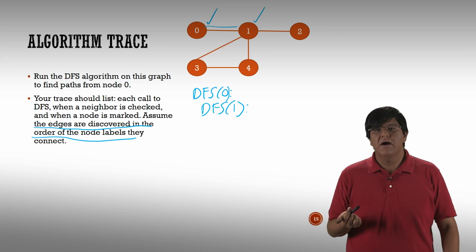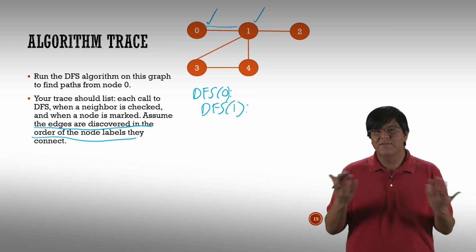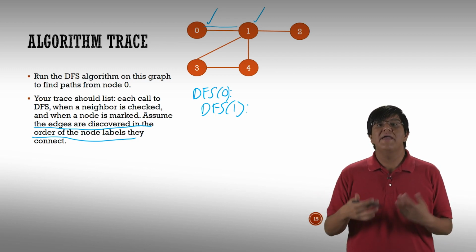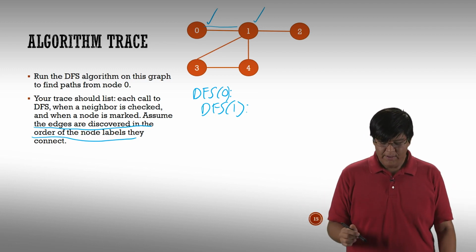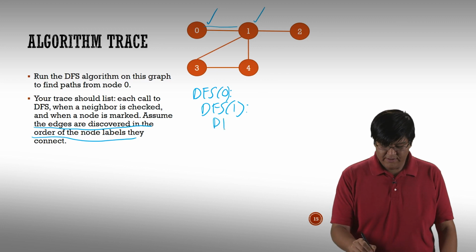Just imagine you're in the code here. Code is running, looks at 0, 0 is marked, it skips it. Nothing to do there. Then it looks at 2, hey, it's not marked, I can go there. So I'll do DFS of 2.